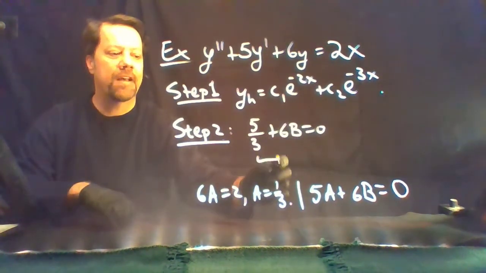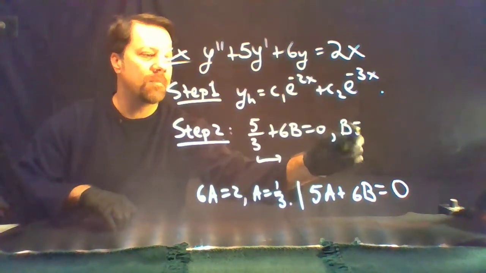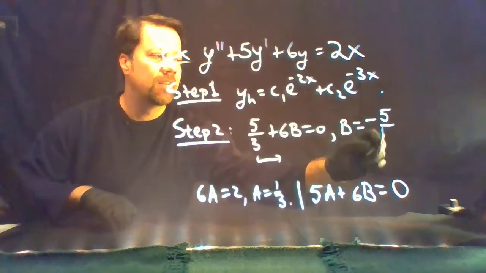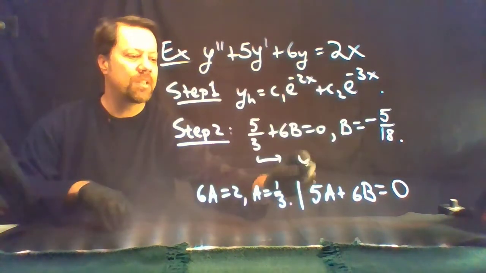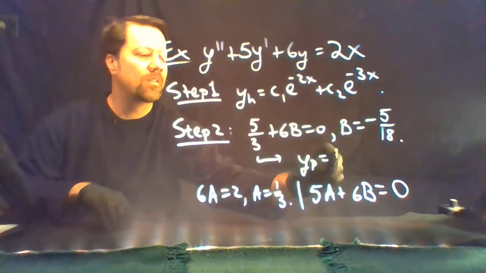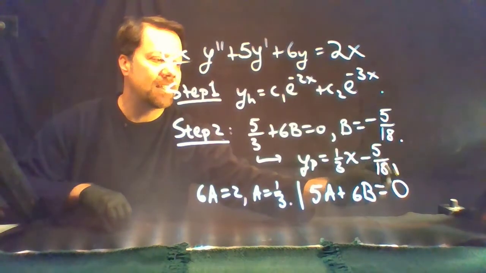We move the 5/3 to the right and divide by 6. This yields b is minus 5/18. That gives a particular solution of the form 1/3 x minus 5/18.